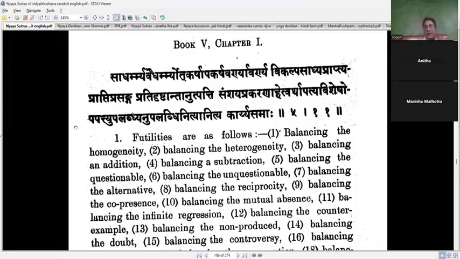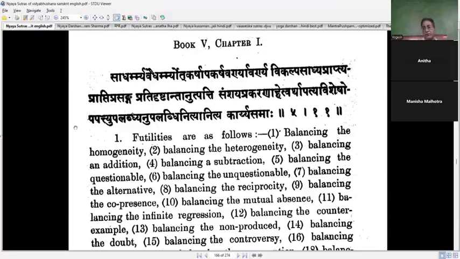You are using sadharmya or common properties to prove something. You are using vaidharmya or opposing properties to prove something. So sadharmya sama represents the logical fallacy where sadharmya is being used to refute the proponent, the first person. So sadharmya sama is the first logical fallacy.